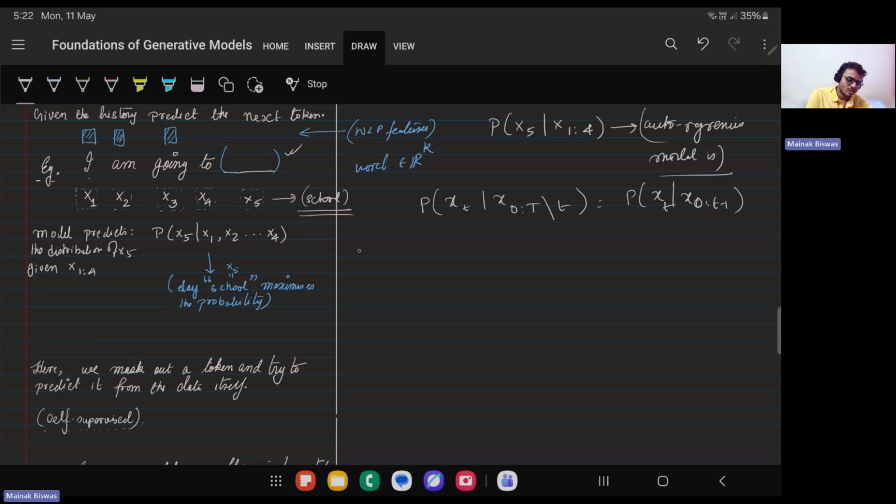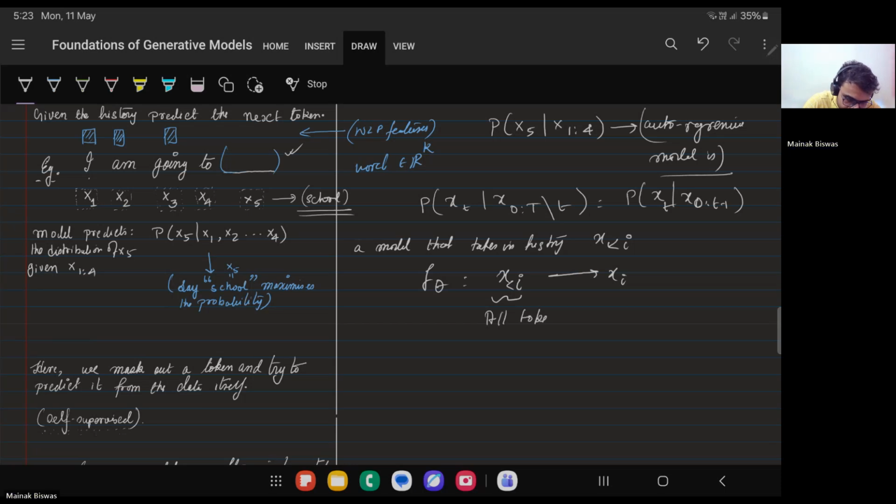If you have a model f that takes in history, x less than i, and converts it into xi, it means that all the tokens in the past predict the present.